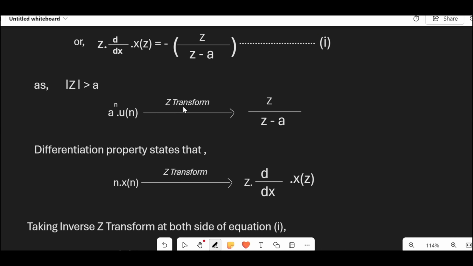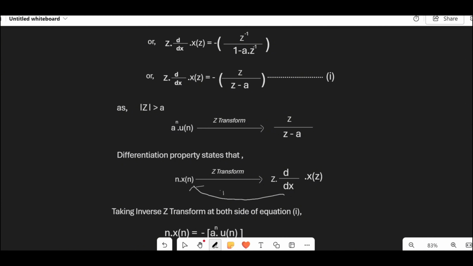Taking inverse Z transform on both sides of equation 1, if you consider the left side part, the inverse Z transform is n into x of n.